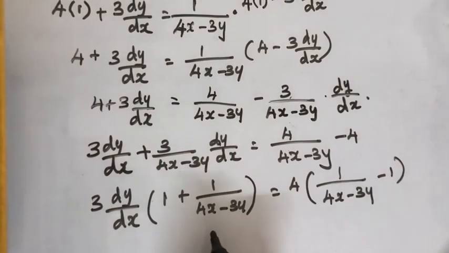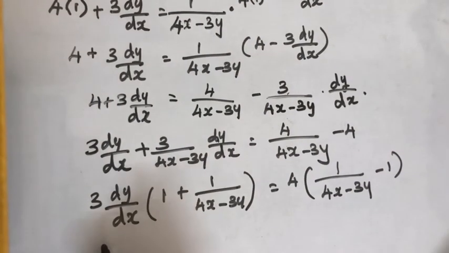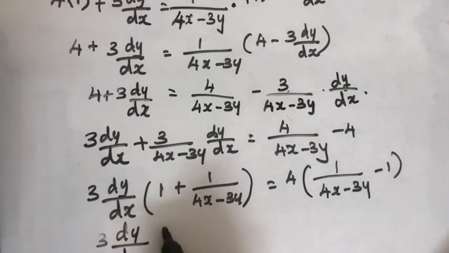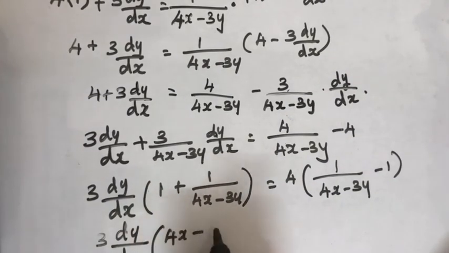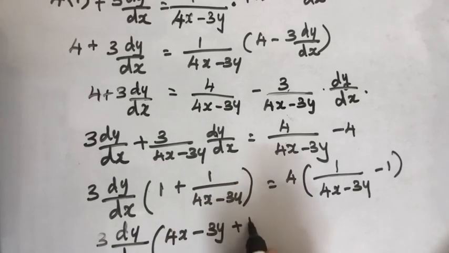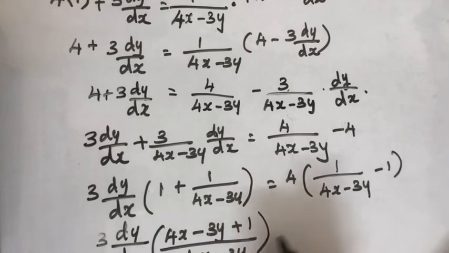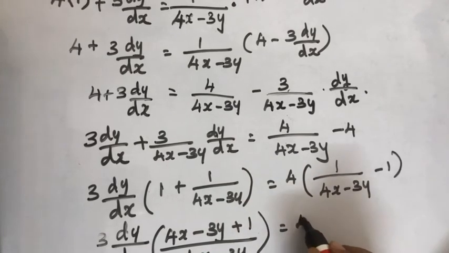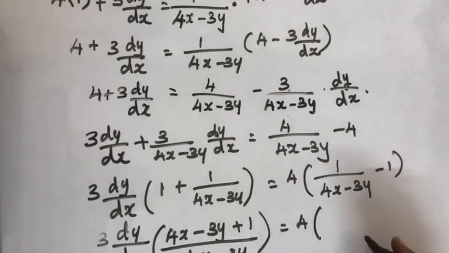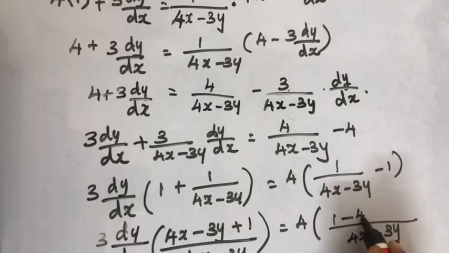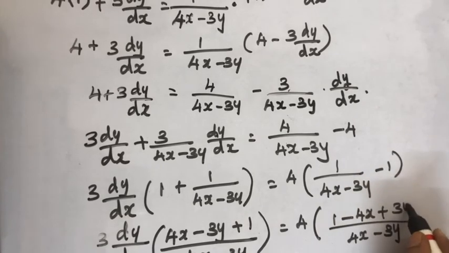Here, 4x minus 3y. So 3 into dy by dx into (4x minus 3y plus 1) divided by (4x minus 3y). Here 4 into (1 minus 4x plus 3y), where 4x minus 3y is the LCM.